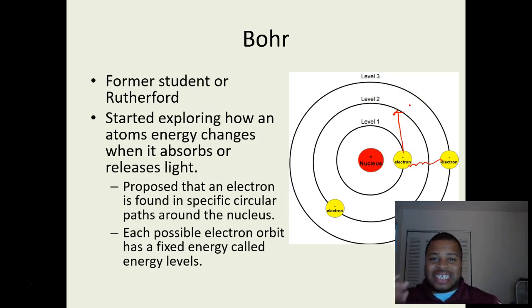Now, this excited electron will stay there for a little bit, but it's going to be attracted back towards the nucleus. And when it comes back down, it's going to release some light. Depending on how far it goes, that's going to help us start figuring out the distances and the type of light that's going to be released.